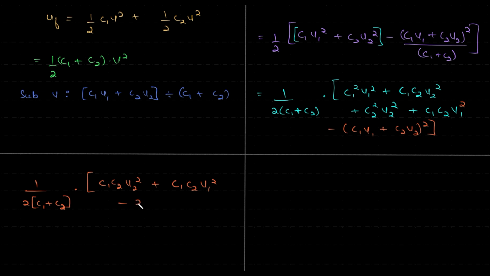And we are left with minus 2 C1 C2 V1 V2. Again, when you expand it, things will get cancelled, so you don't have to show every possible step. It's of no use. No one will ask you for such detailed steps.